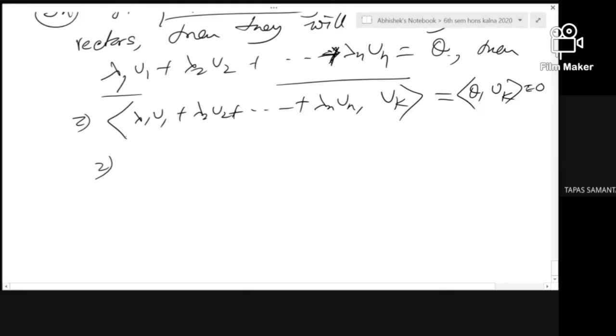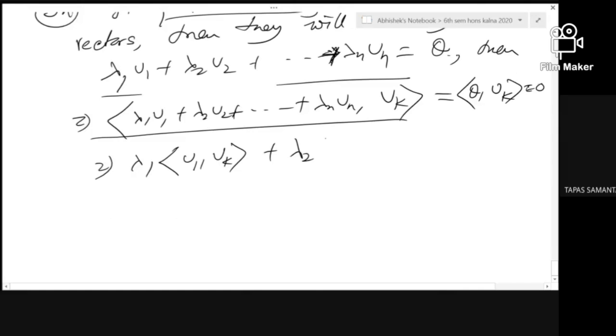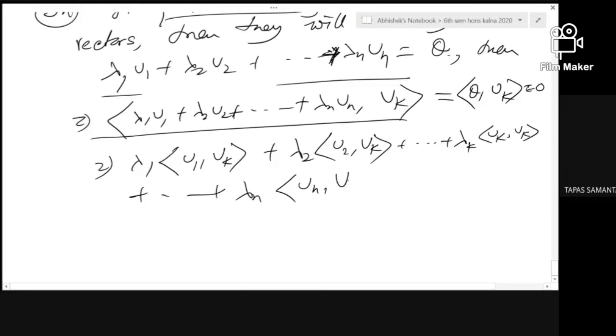Now just expand this inner product by using the definition of an inner product. So it is lambda 1 inner product v1 vk plus lambda 2 inner product v2 vk plus dot dot dot lambda k inner product vk vk plus lambda n inner product vn vk, and this is equal to 0.